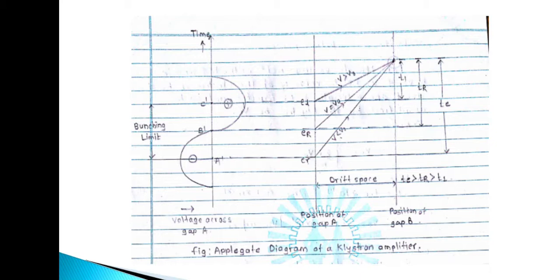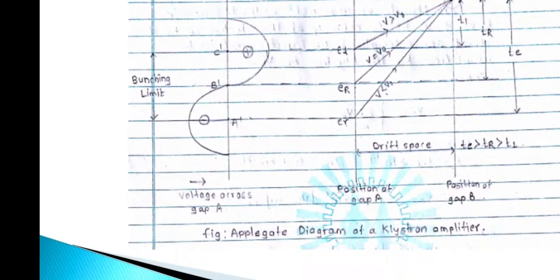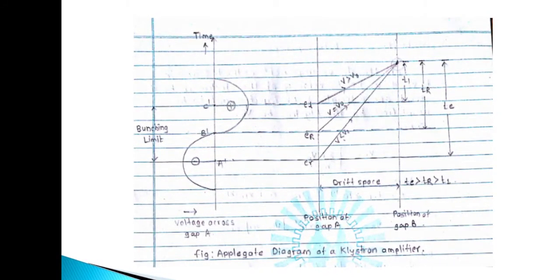Here you can see the time taken by the various electrons. Here it is the drift space, and here is the position of gap A, here is the position of gap B, and this is the diagram for voltage across gap A. So from this positive peak to negative peak we have the bunching limit, and in this only we will have the voltage.